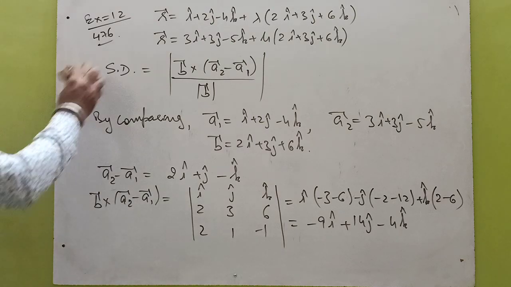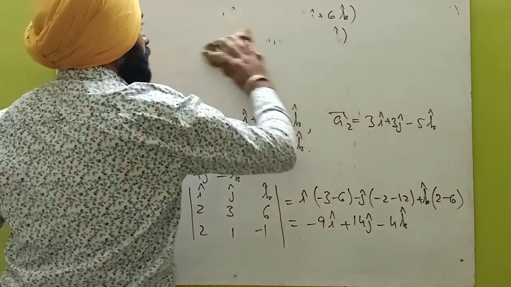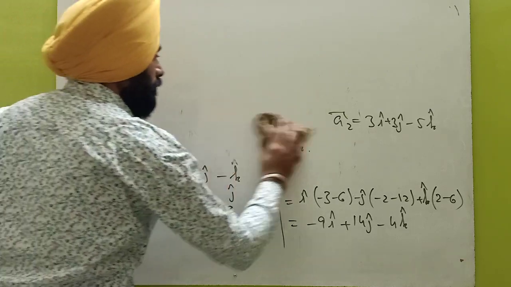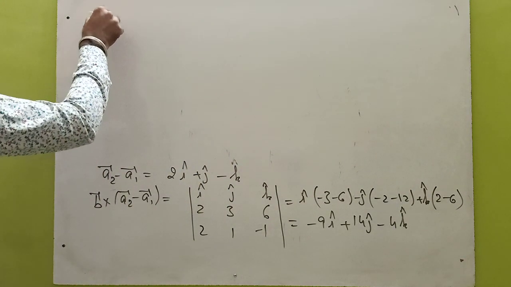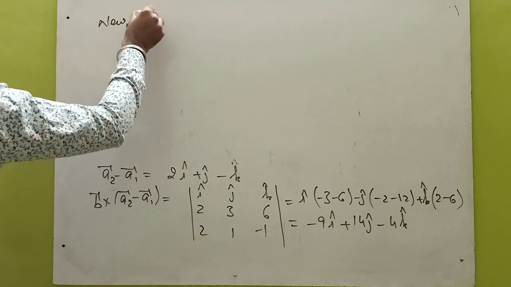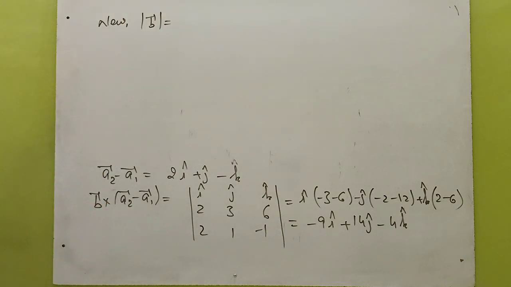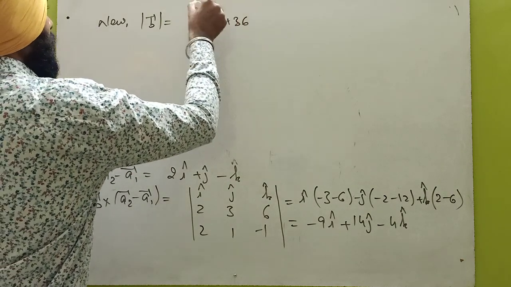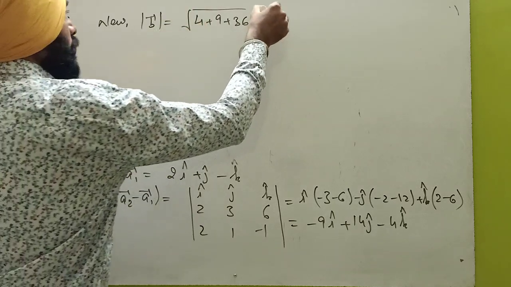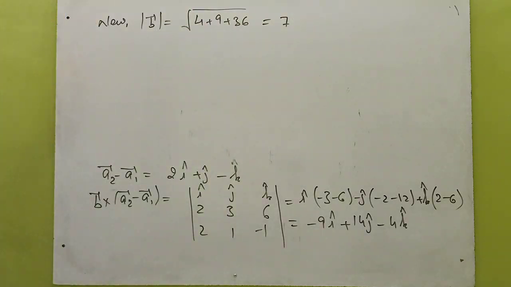And now find the magnitude of vector B. Vector B is 2i cap + 3j + 6k, so its magnitude is the square root of 4 + 9 + 36, which is equal to 7.